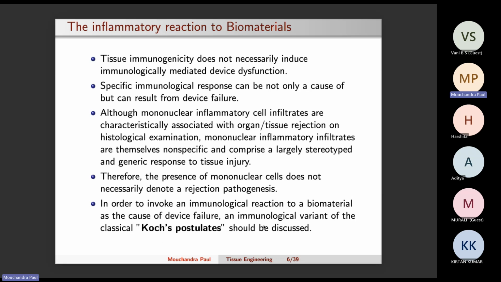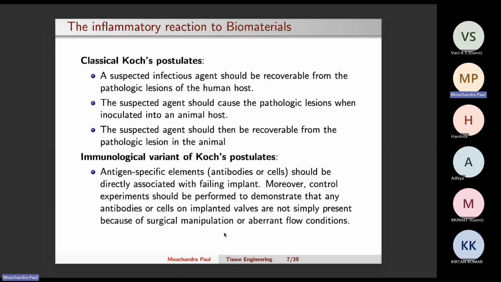So for proving that, people usually adopt a variant of the classical Koch's postulate. I think you must have studied Koch's postulate in your immunology course. All right, this is just an explanation of what Koch's postulate is. So Koch's postulate states these three statements. The first statement says a suspected infectious agent should be recoverable from the pathologic lesion of the human host.